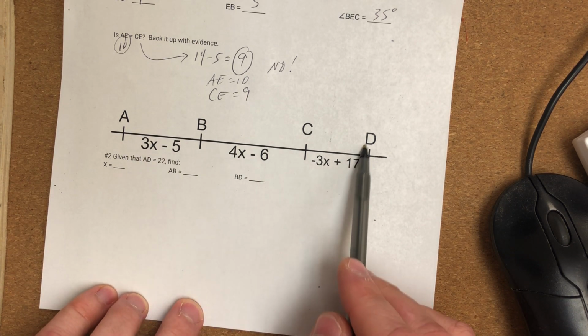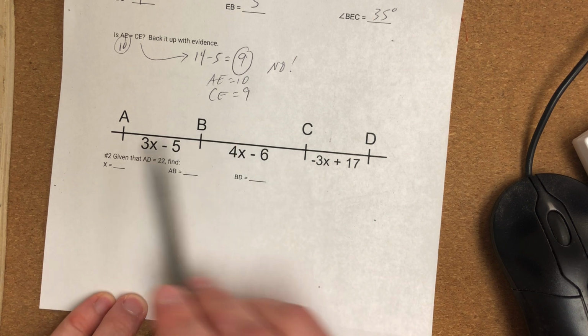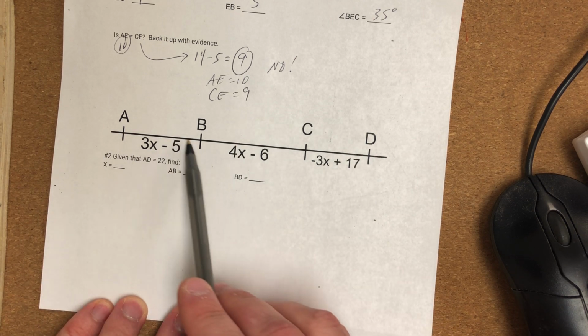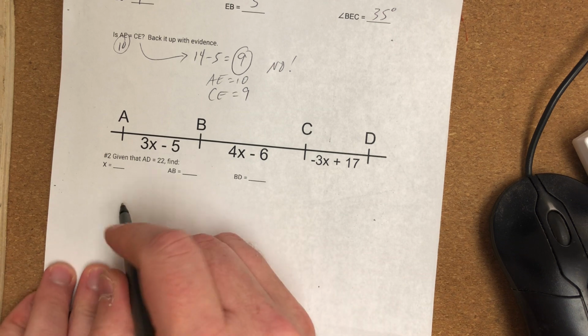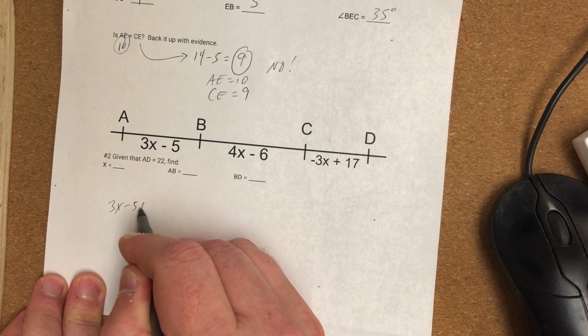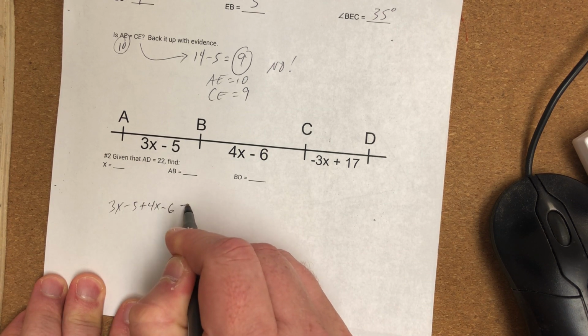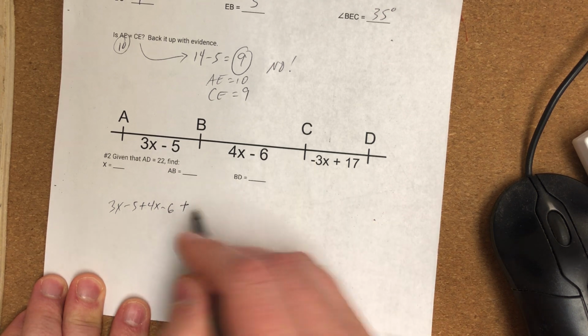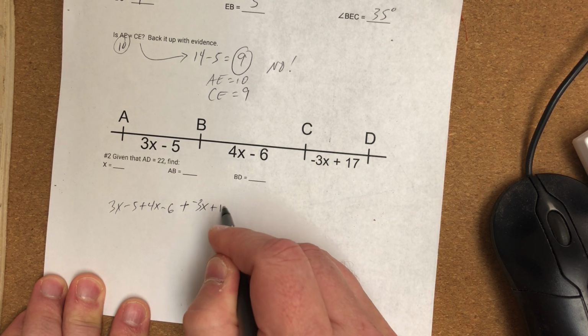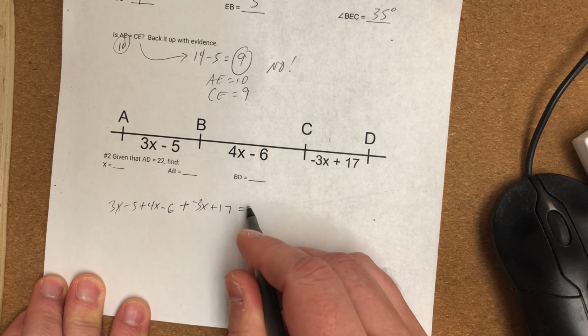If it had been like BD, we would just use these two parts, but since it's AD, it's the whole thing, so we'll use the whole thing. So I can say 3x minus 5 plus 4x minus 6 plus negative 3x plus 17 is equal to 22.